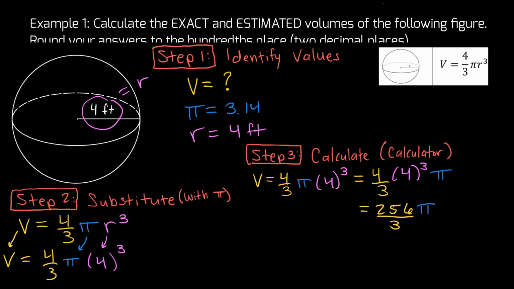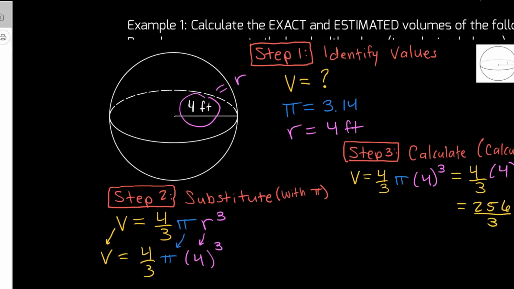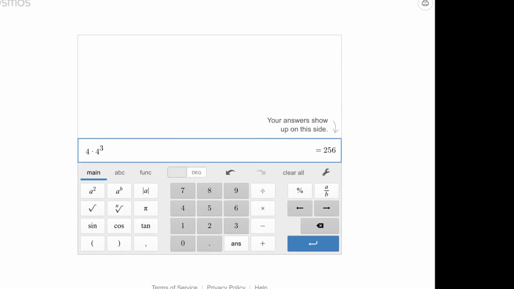So divided by 3. Why wouldn't I divide by 3? Sometimes I do, sometimes I don't, but why wouldn't I in this case? Well, the reason is if we go back to that calculator, we got 256, right, when we multiply all those 4s. If I do 256 divided by 3, let's see what I get.